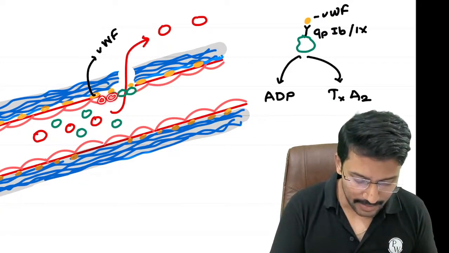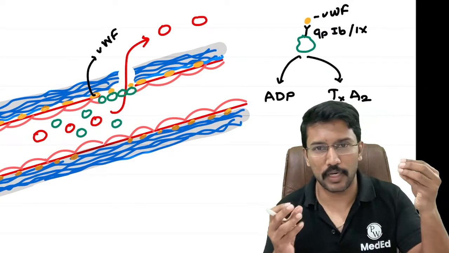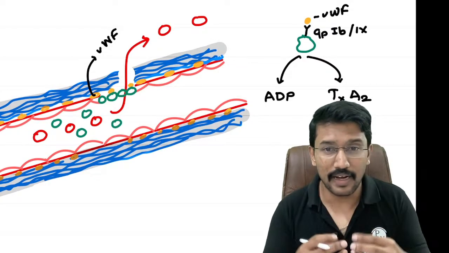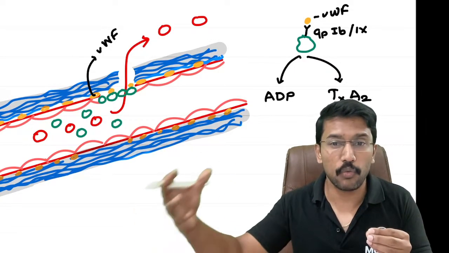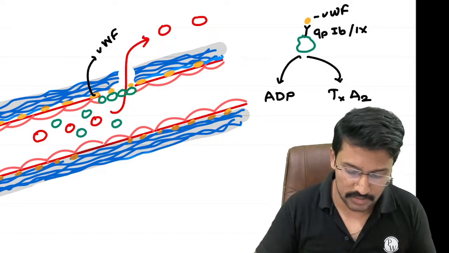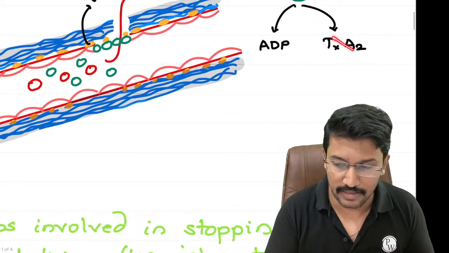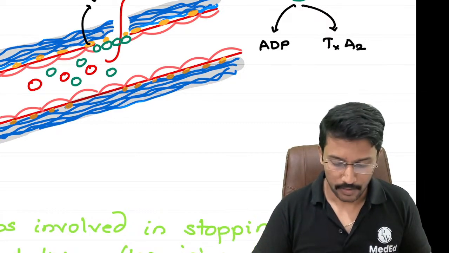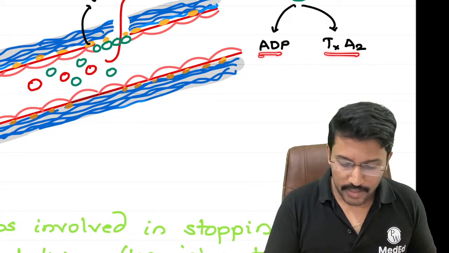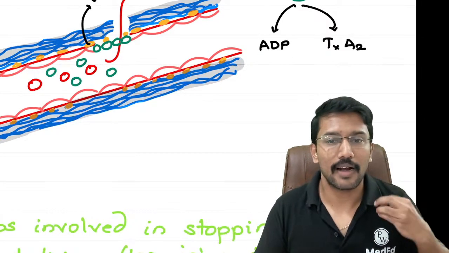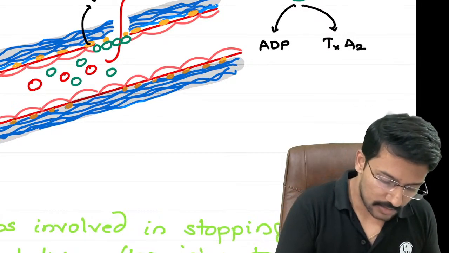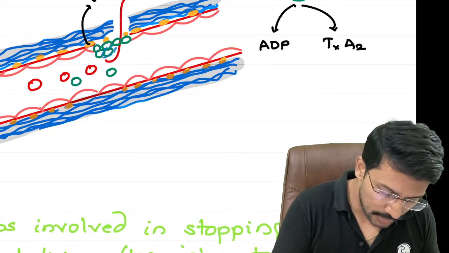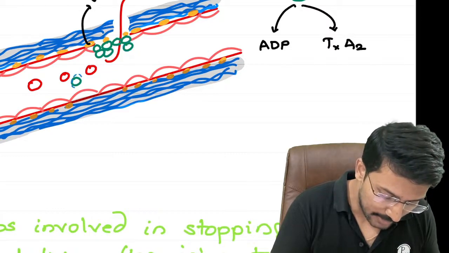Platelet adhesion, that is the binding of von Willebrand factor and GP1b9, is not disturbed. But once the adhesion happens, recruitment of further platelets to this site is disturbed, because I am not sending the thromboxane A2 if I am giving someone aspirin. Thromboxane A2 and ADP act as platelet attractants. They will attract more platelets to come to this site of injury, and we end up creating a platelet plug.